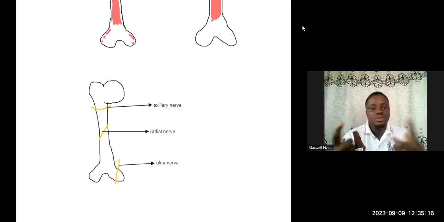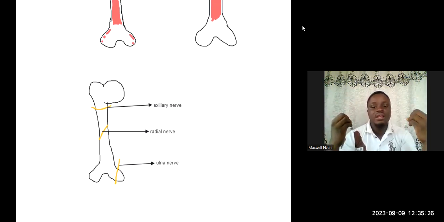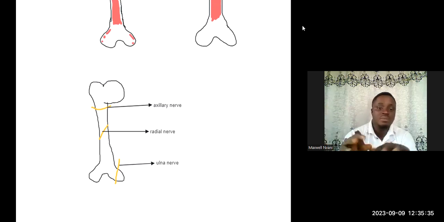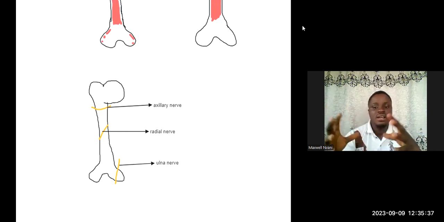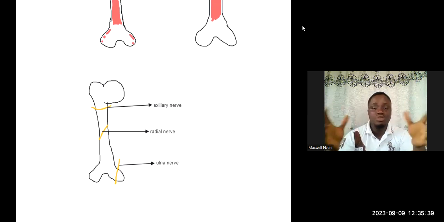So knowing this anatomy would help you in your clinical judgment. Someone comes with a fractured humerus at the surgical neck, you'll be trying to think, okay, what are the muscles supplied by the axillary nerve? The skin area, cutaneous area, or the dermatomes supplied by the axillary nerve. You think about this, and then you do some tests.